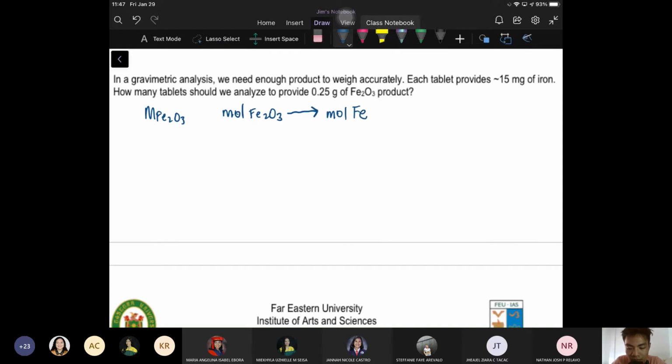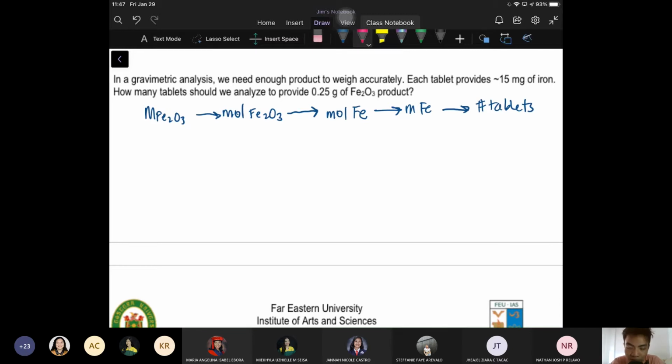So, again, from mass of iron 3 oxide, convert mo siya to mole. And then, from mole iron 3 oxide, gagawin mo siyang mole of iron. Stoich yun. And then, lastly, yung mole, gagawin mo siyang mass ng iron. And then, for the purpose of this question, alamin mo na yung number of tablets. Okay? So, 4 na steps yung ating solving for this item.